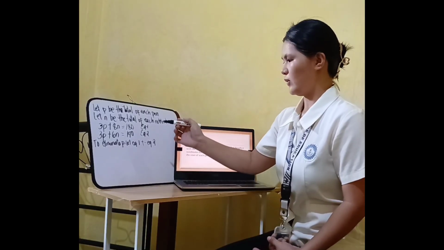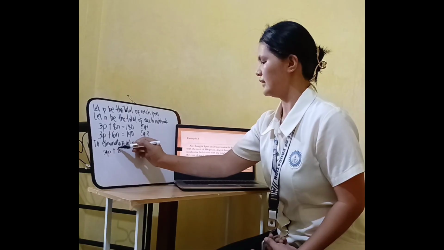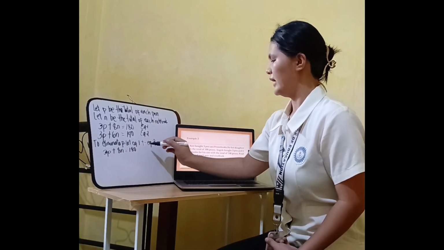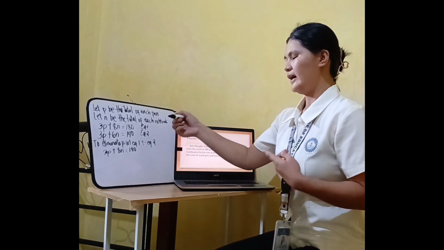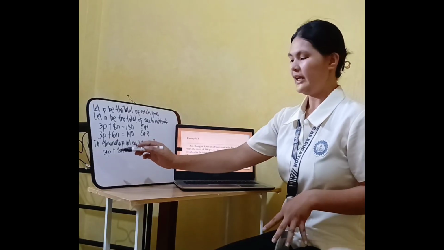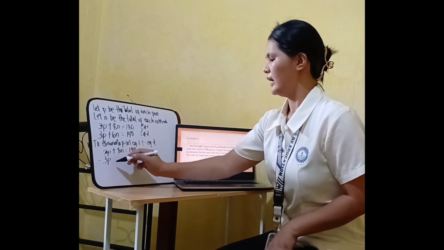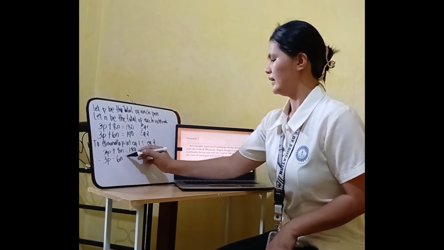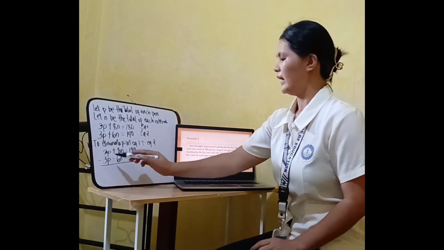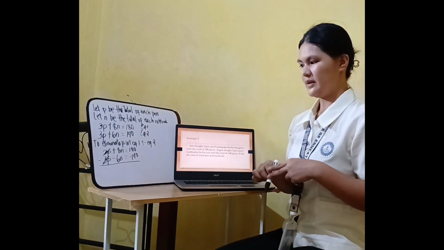So copy the equation 1, which is 3P plus 8N is equal to 180, and lalagyan i-change natin ng negative yung operation na equation 2 para ma-eliminate natin si variable P. So negative 3P minus 6N is equal to negative 140. Cancel out si positive 3P at si negative 3P.